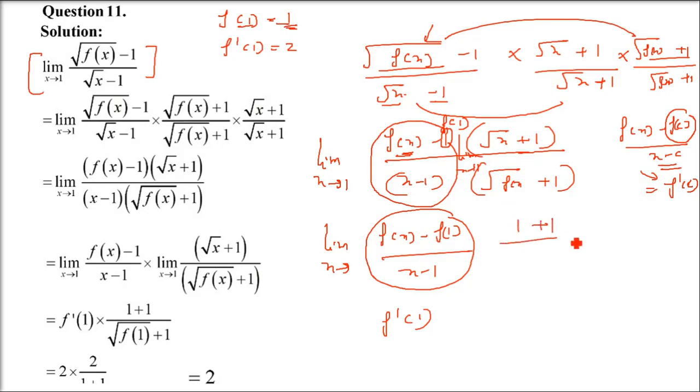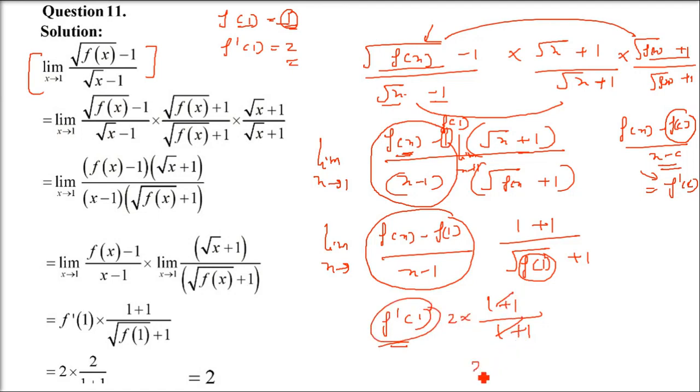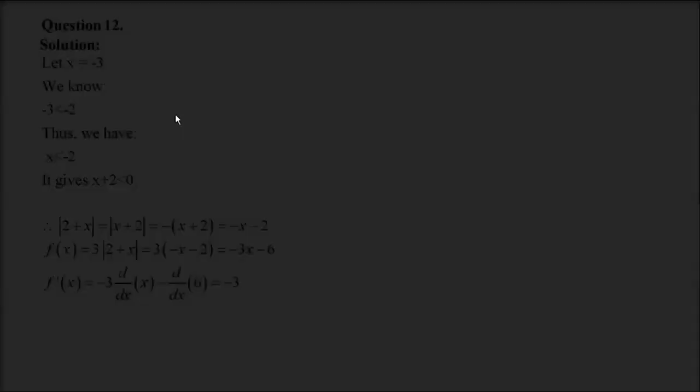I'm putting x as 1, so 1 plus 1, root fx, that is 1. So this is 1 plus 1. Okay. So you have 1 plus 1 by 1 plus 1, that is 2 by 2. It cancels. That is going to be 1. What is f dash 1? It's 2. So this is 2 into 2 by 2. So you have 2 only. So 2 is the final answer.